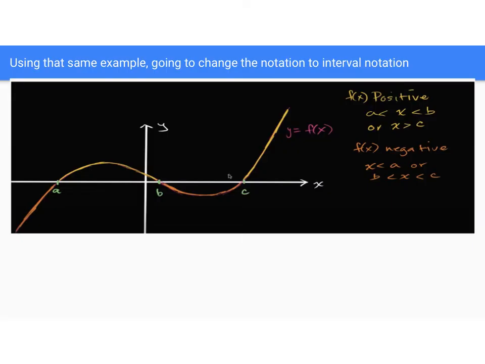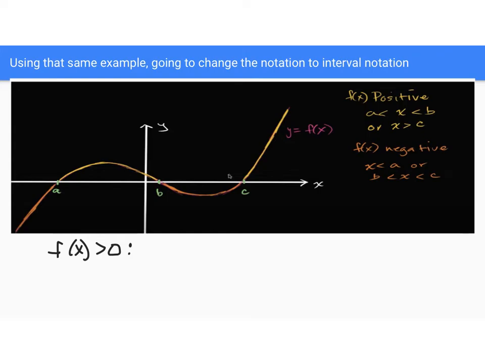So let's look at what he accomplished here for the positive and negative and add that to our formal definition that we've been using for intervals. So when we look at that first inequality, when f of x is positive, another way I can say that is f of x is greater than 0. That's the same as asking when f of x is positive.